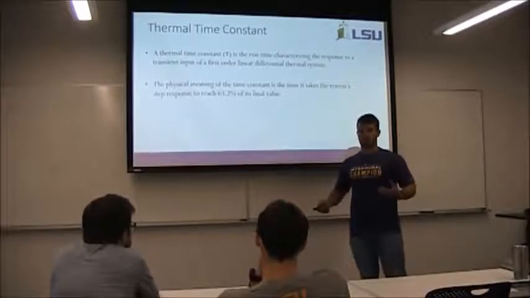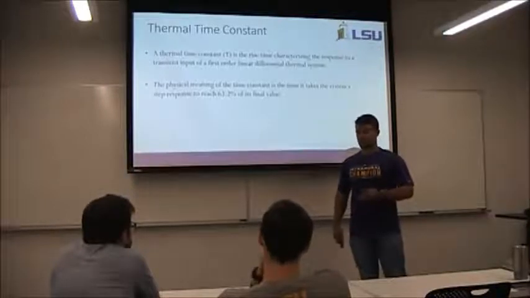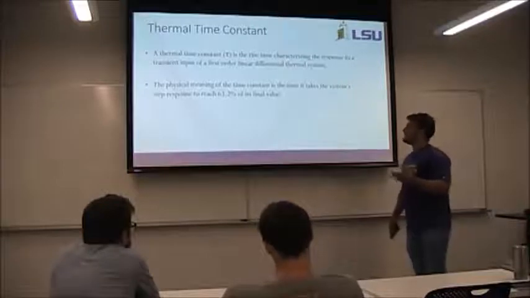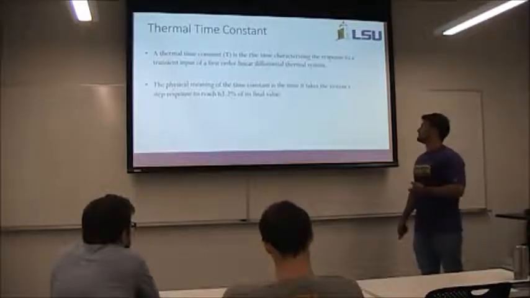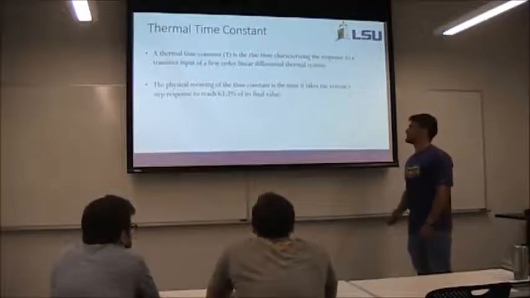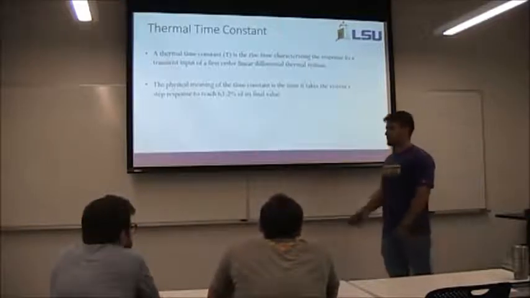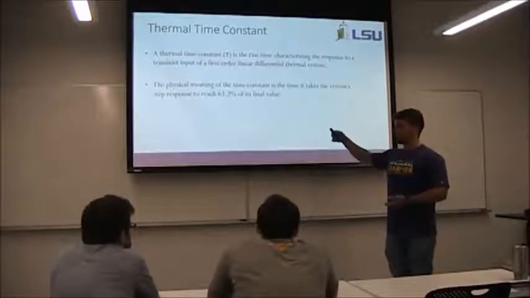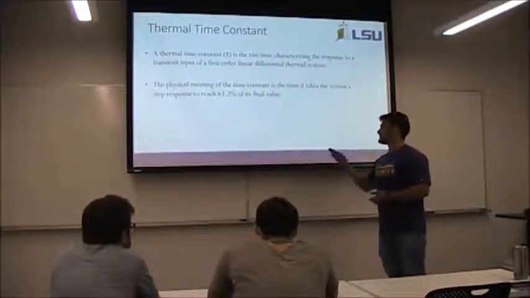That's where the significance comes from. The physical meaning of it is the time it takes the system step response to reach 63.2% of its final value. It takes 5 time constants to reach its equilibrium point, but from there, it's 63% of its final value.